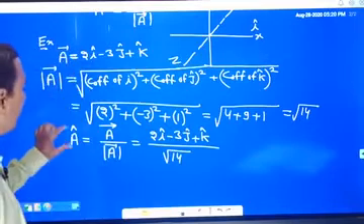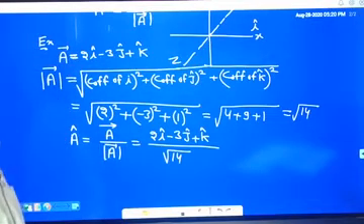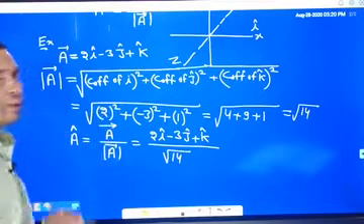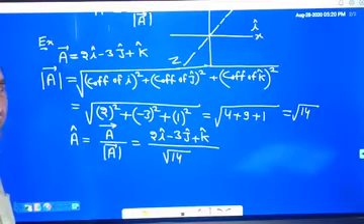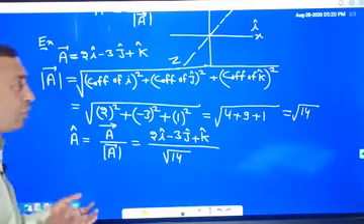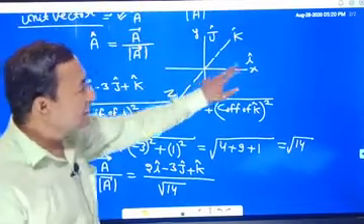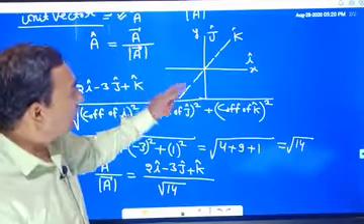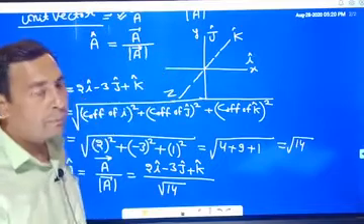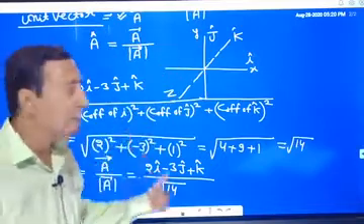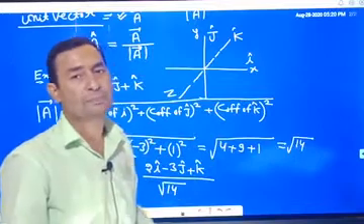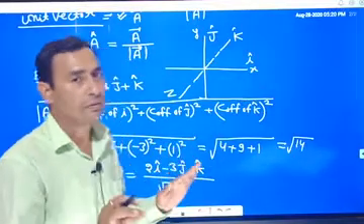This is the a cap vector. By this procedure we can find the unit vector of any given vector. But we have to remember that the unit vector in the x direction is i cap, in the y direction is j cap, and in the z direction is k cap. We have to remember it.